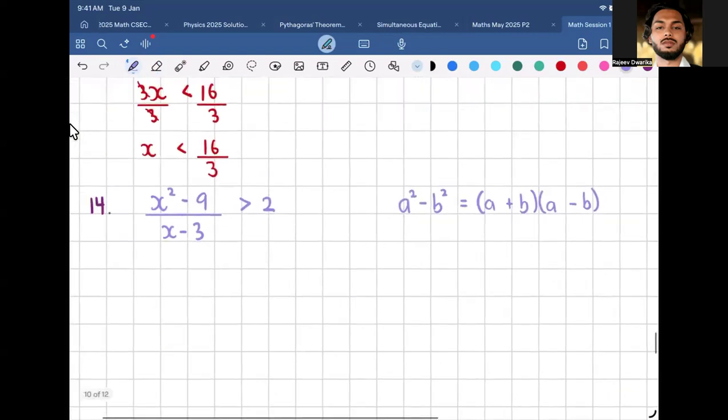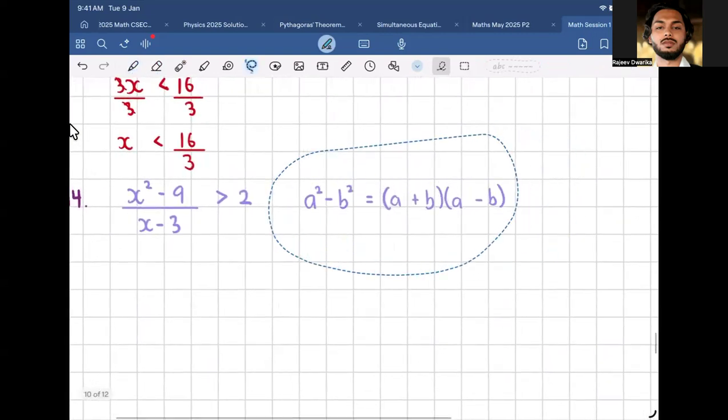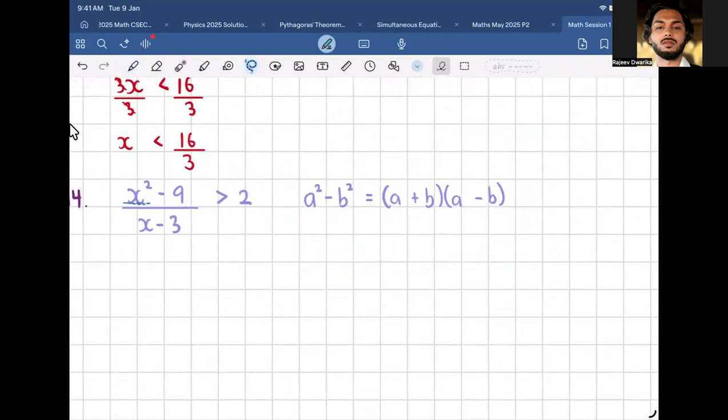Now, my first question to you is, does x squared minus 9 look like it's in this form? We have a squared here, but do we have a squared over here? No. So what do we have to do? How could we rewrite this so that it would be in this form?